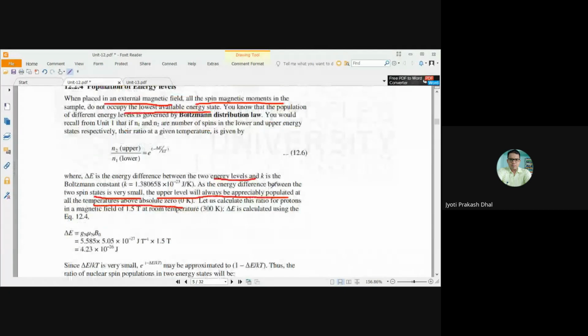Because the frequency of the radiation falls in the radio frequency region, its wavelength is extremely high, so its frequency value is low, and hence the corresponding E equals h nu is very small. So the upper energy level will be appreciably populated at all temperatures above 0 Kelvin.